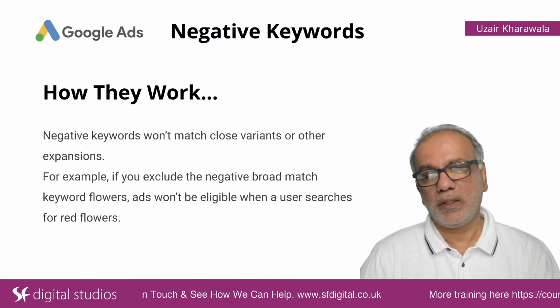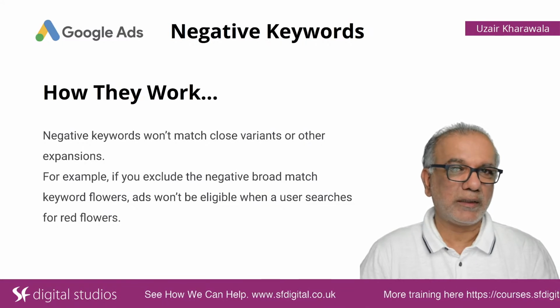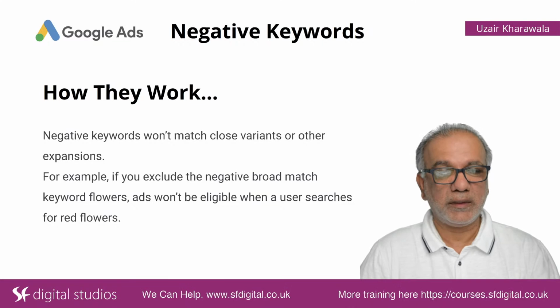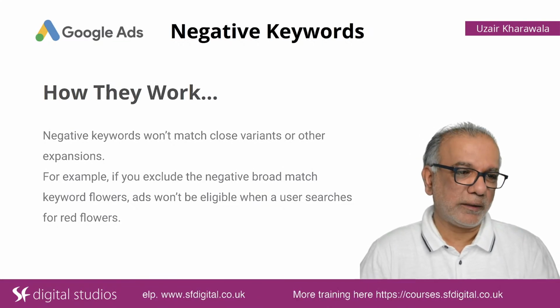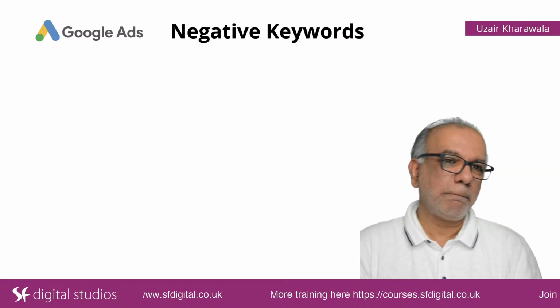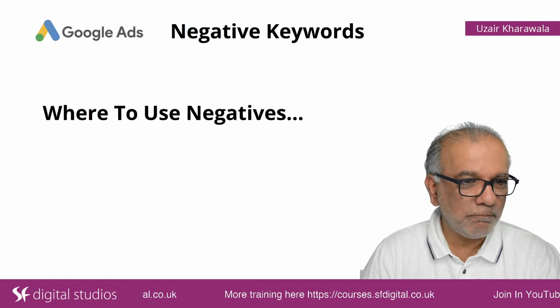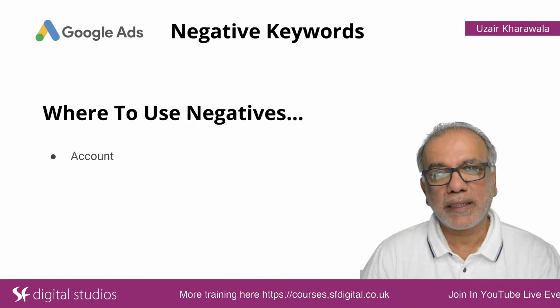If you exclude a negative broad match keyword, let's say flowers, the ads won't be eligible when a user searches for red flowers. I'm going to go into these match types very shortly.